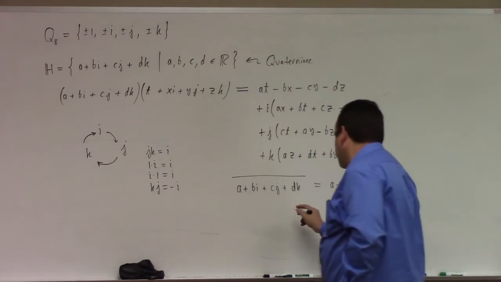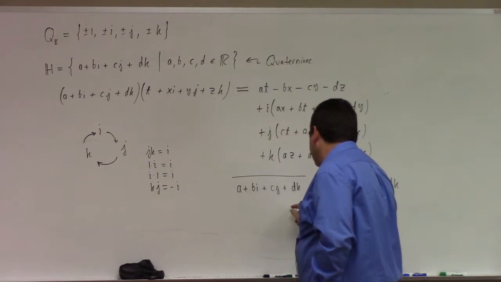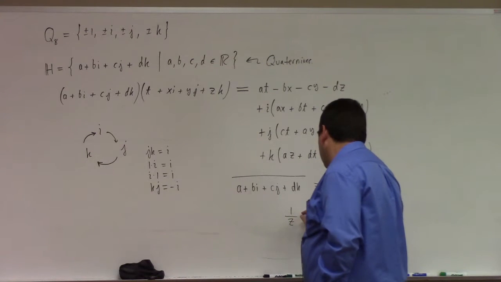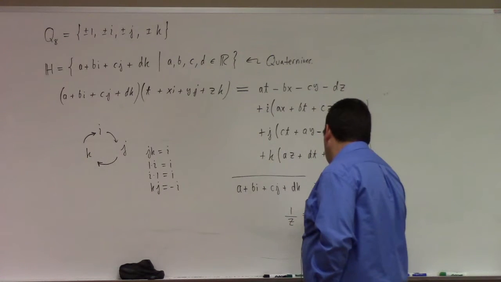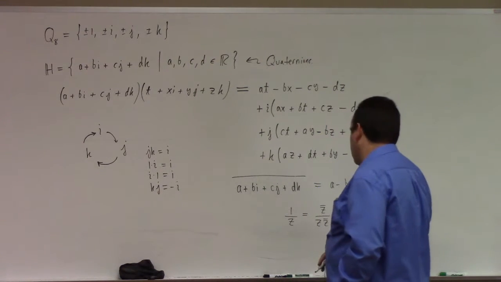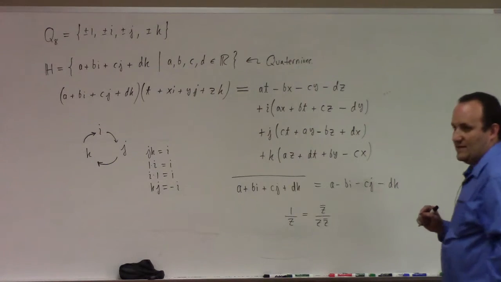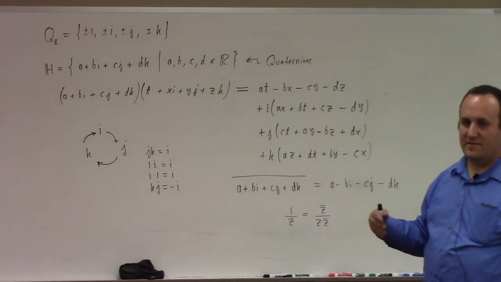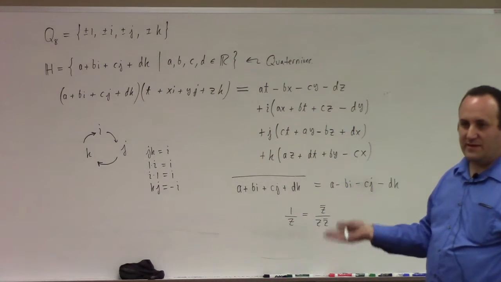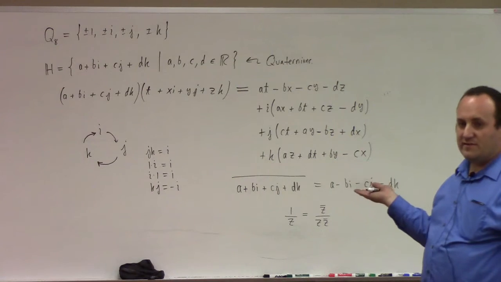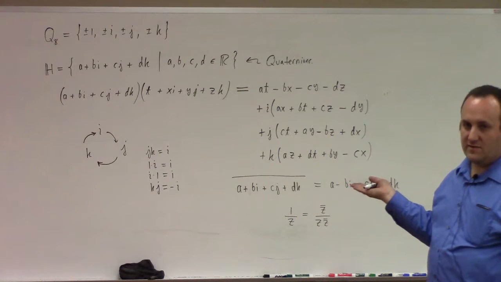And you can show that 1 over z is equal to z bar over z z bar. I think that still makes sense. There's still a way of finding a multiplicative inverse for a quaternion, provided it's non-zero. So every non-zero quaternion has a multiplicative inverse.